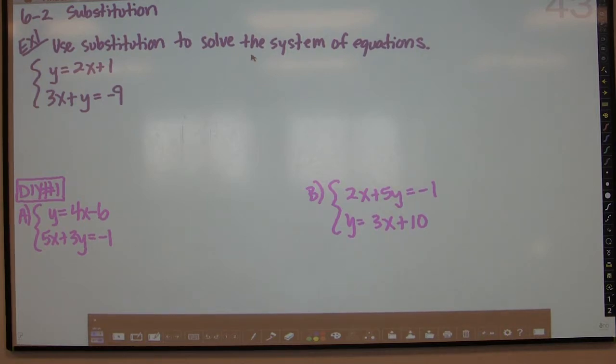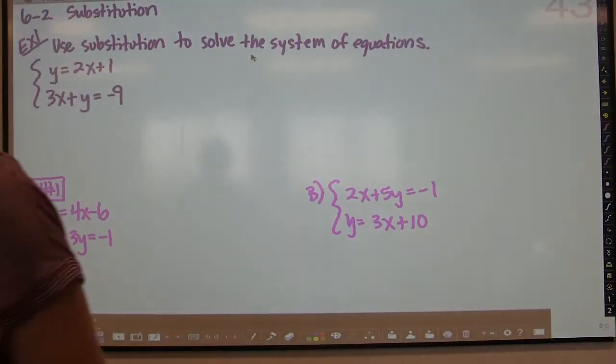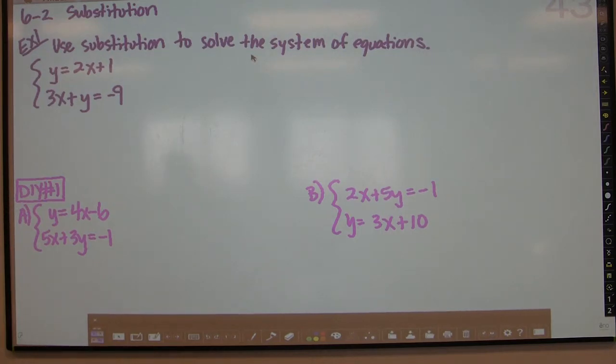In our previous lesson, we were learning about how to solve a system of equations using the graphing method. I'm happy to report that in the next couple of sections, we'll be solving systems by using algebraic methods.